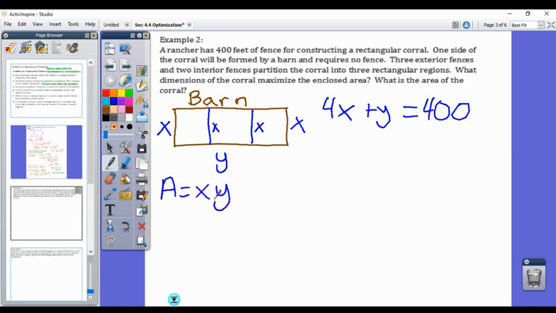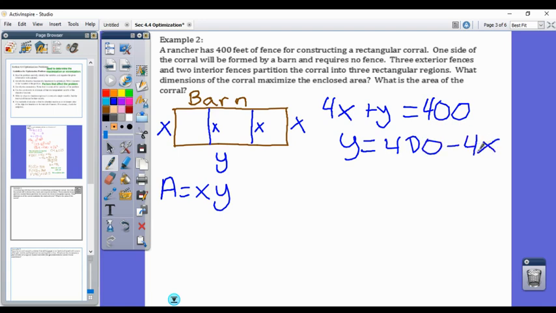So you know we want to solve one of our equations to be in terms of one variable. So in this case, the 4x plus y, it's going to be easier for me to solve for y, since all I have to do is subtract 4x to the other side. So I'm going to end up with y equals 400 minus 4x.